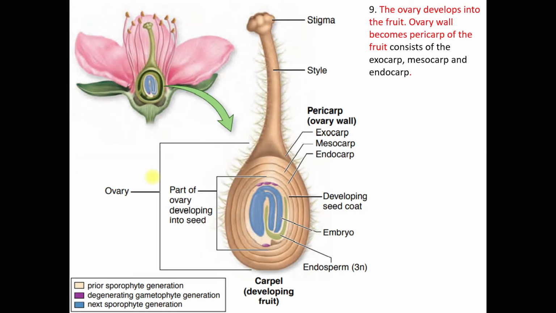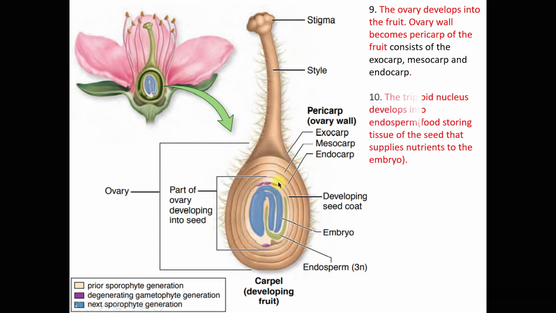Now, to sum up everything, the ovary develops into fruit. The ovary wall becomes the pericarp, and the pericarp consists of, you can see from here, the exocarp, then the mesocarp, and then the endocarp.